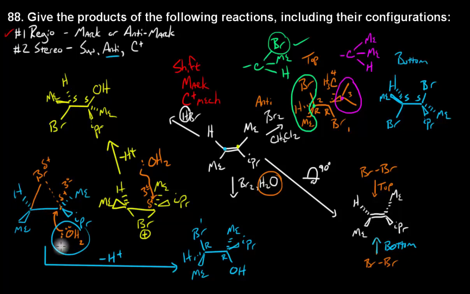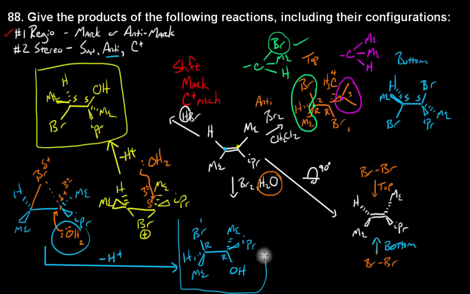But because this is anti-Markovnikov, it actually works out just the same. Okay, and so these are going to be the two products for the halohydrin formation: the yellow up top and the blue down below. So these are the only two products that we should really get, and they are enantiomers.